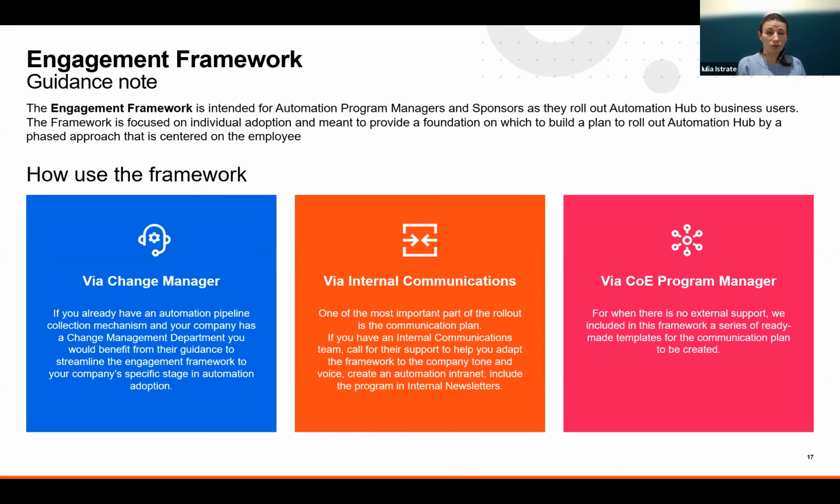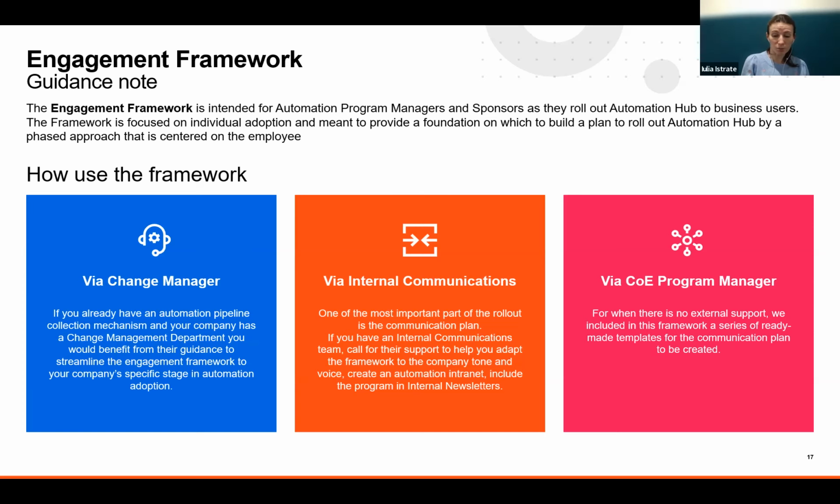So if you're considering introducing Automation Hub and enabling and engaging your users, maybe you want to leverage the experience that your change managers have, such that you also incorporate collaborating with your users and engaging them into using Automation Hub. Then there are other means of communication, like internal communications, through which, like a newsletter, an intranet, or all hands, this information can also be transmitted to your employees who are impacted by using Automation Hub.